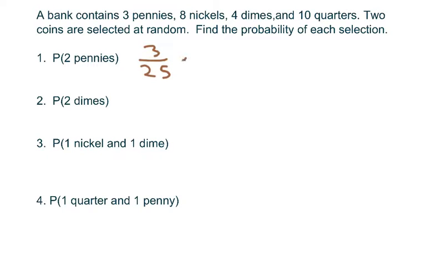And then the second penny, we only have 24. And we only have 2 pennies left, because if we already picked 1 penny, remember, we're assuming without replacement. And when you multiply that out, you're going to get 1 over 100.